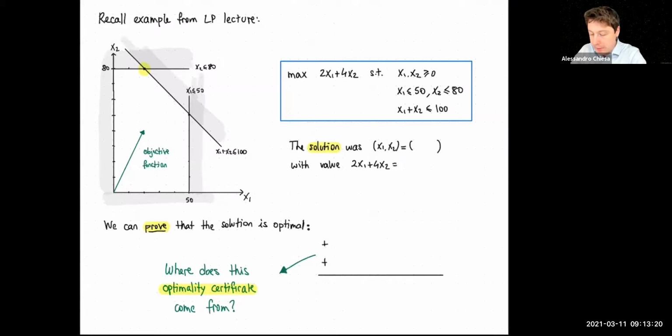I copied here the example that we saw 2 lectures ago when we first started talking about linear programming, okay? So here's the linear program. We wanted to maximize this bivariate linear function subject to both variables being non-negative, x1 at most 50, x2 at most 80, and the sum of the two being at most 100.